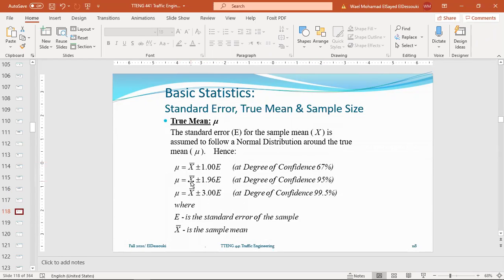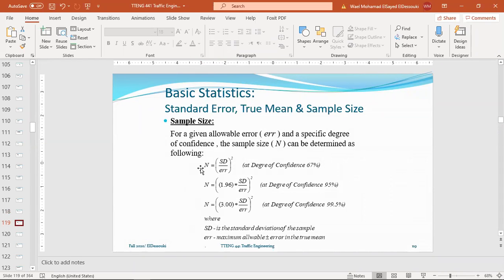We are assuming that the standard error is normally distributed around the mean of the sample. Having said that, then this becomes true.